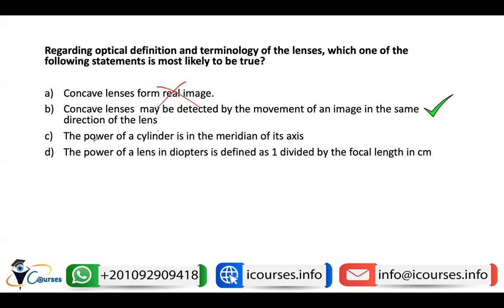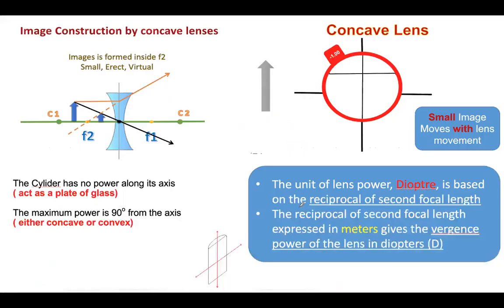As we mentioned before, the power of the lens is perpendicular to the meridian of the axis. We said before that the meridian of its axis has no power, and the perpendicular meridian will have the power of the cylinder. The power of the lens in diopters is defined as one divided by the focal length in meters, not in centimeters.